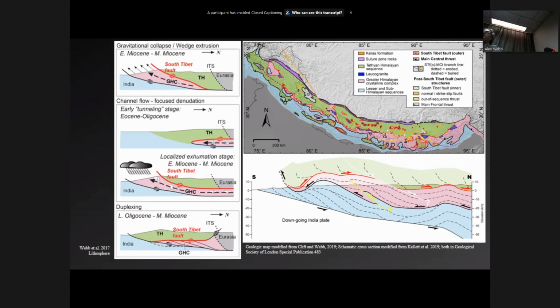Something that is important to remember for considering far field effects is that I am not persuaded that the India-Asia collision timing matters for any far field effect this far north, because the continent-continent collision is simply part of a longer-term convergence system, and the convergence is going all through the Mesozoic at least, right?